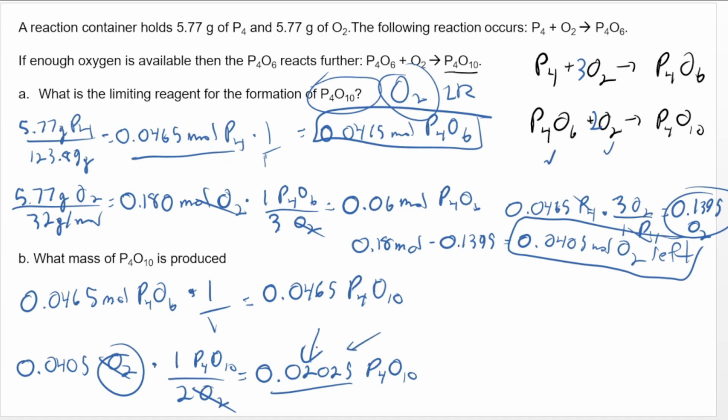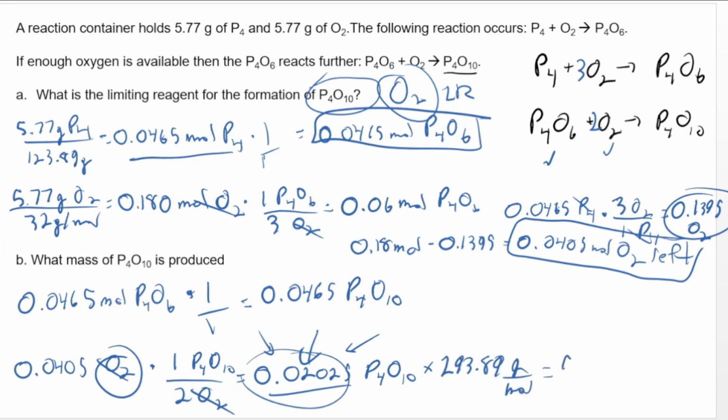It is the moles produced by the limiting reactant, and we're going to multiply that by the molar mass of P4O10, which is 293.89, which gives 5.95 grams of P4O10. So that's how much is produced.